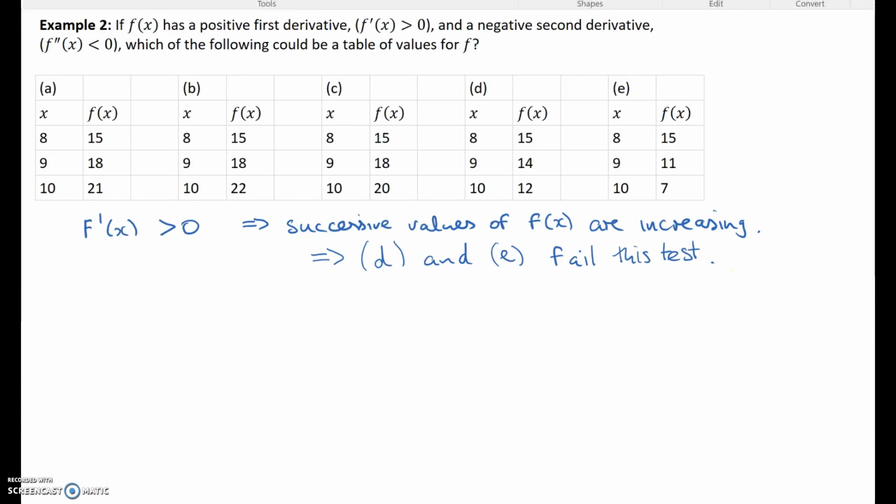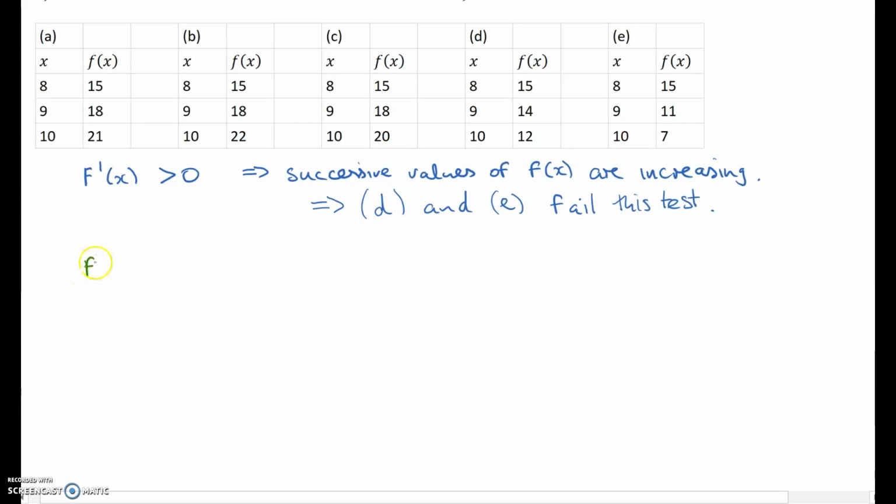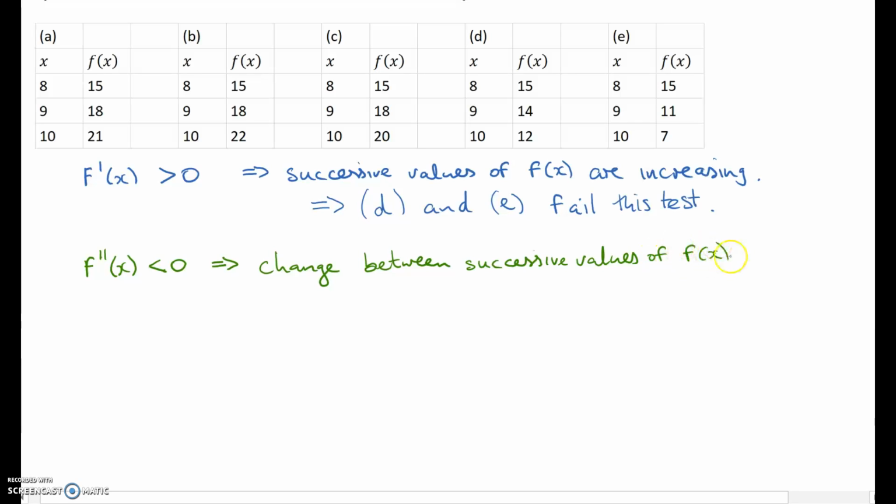Now, let's move on to the second piece of information we're given, which is that f double prime of x is less than or equal to 0. Well, what that means is that the change between successive values of f of x is decreasing.